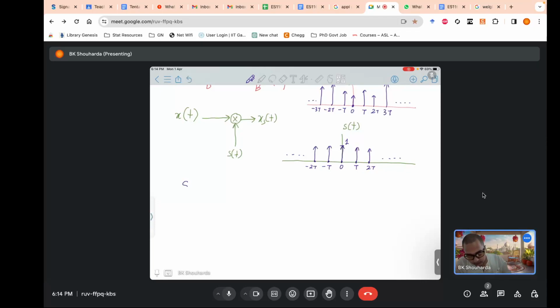So you can write s(t) as the summation over k equals minus infinity to infinity of delta(t minus kT). Because this is delta(t), this is delta(t minus T), this is delta(t minus 2T), this is delta(t plus T), delta(t plus 2T). So the index k represents the kth multiple of T.